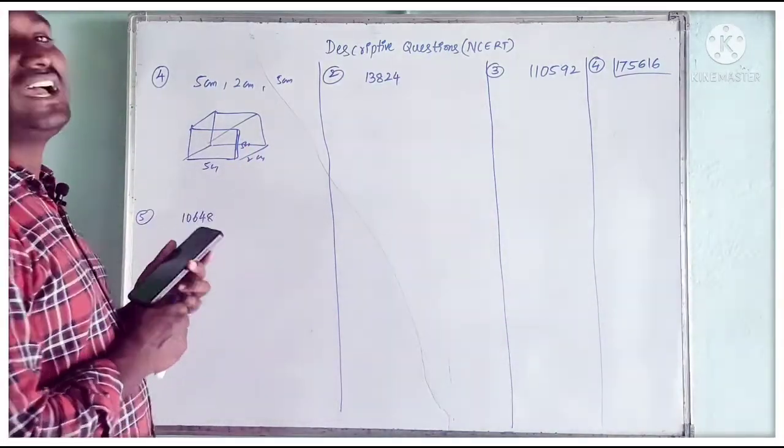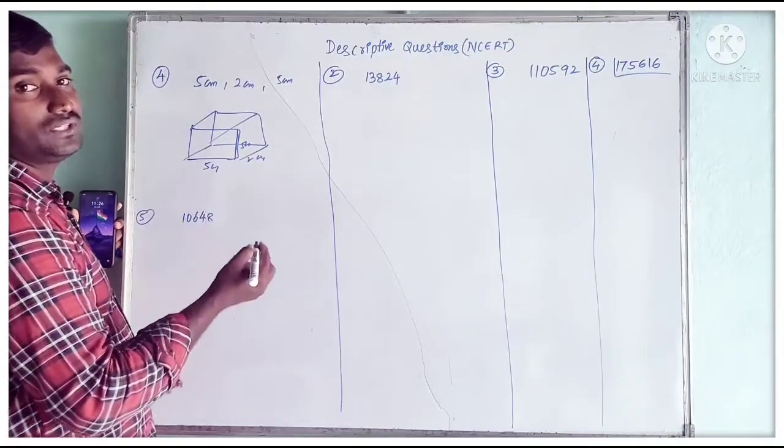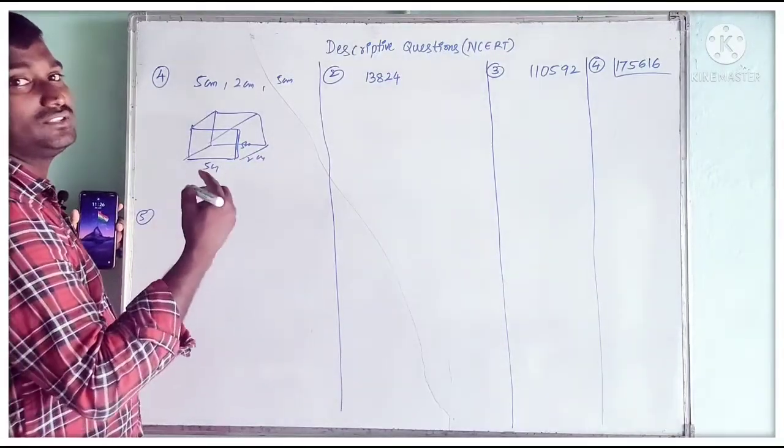So first, what is the volume of the cuboid? Volume of the cuboid equals length into breadth into height.